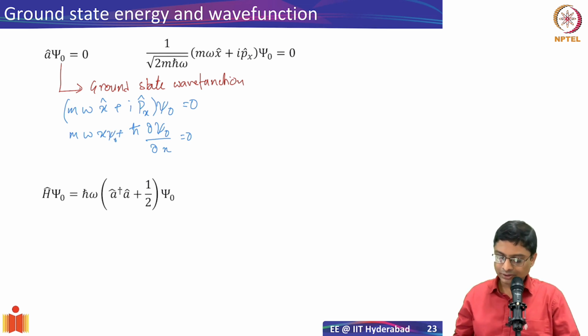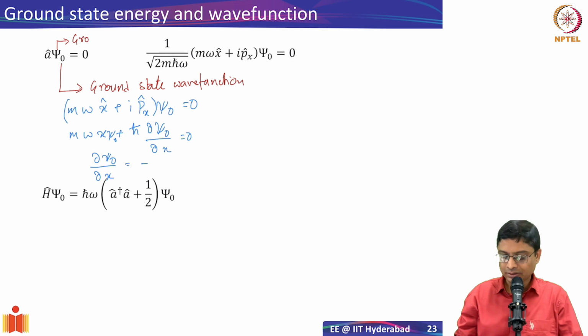So the differential equation I need to solve is dou psi naught divided by dou x is equal to minus... okay, let me clean it up a little bit. So this is my ground state wave function.